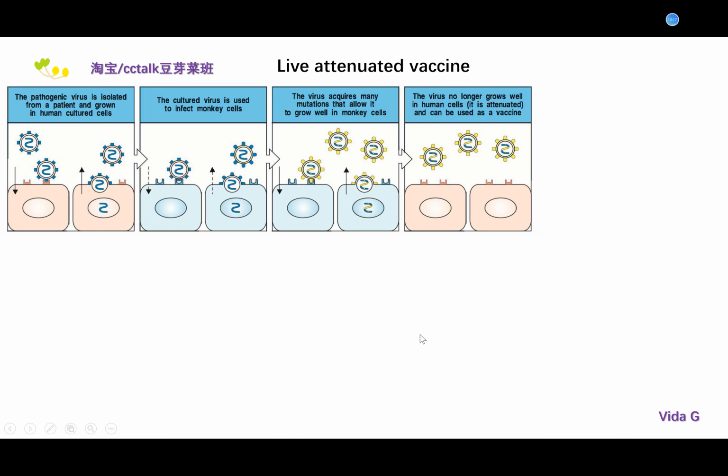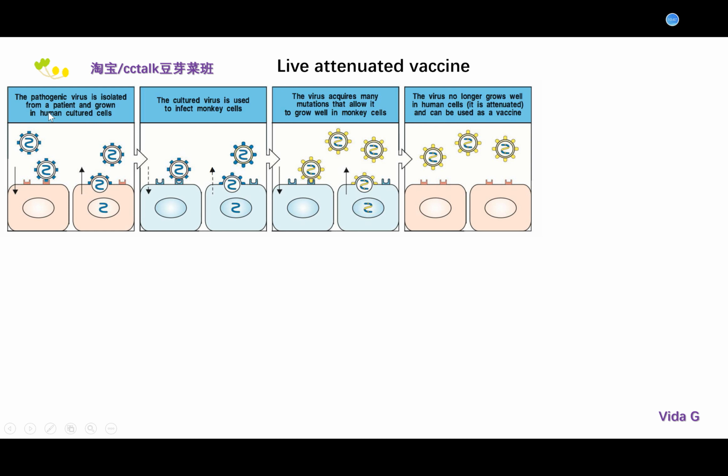There are basically two main types of artificial vaccine: the live attenuated vaccine and the inactivated vaccine. The live attenuated vaccine is not as toxic as the pathogenic virus. How do we develop this kind of vaccine?